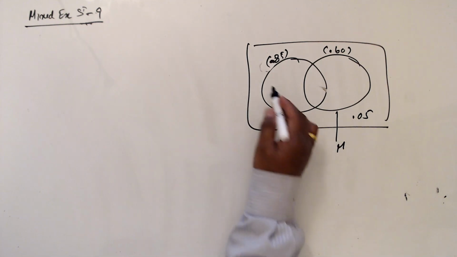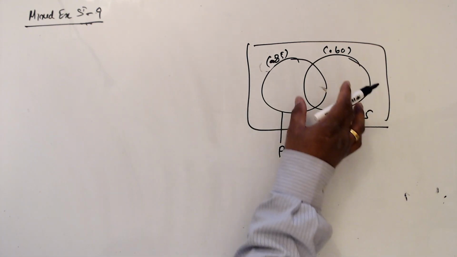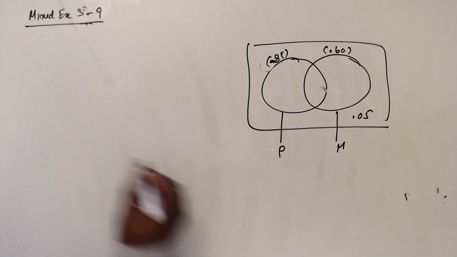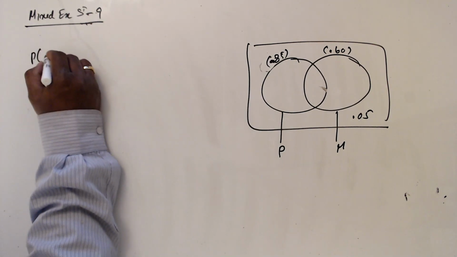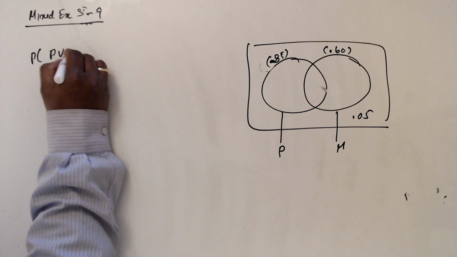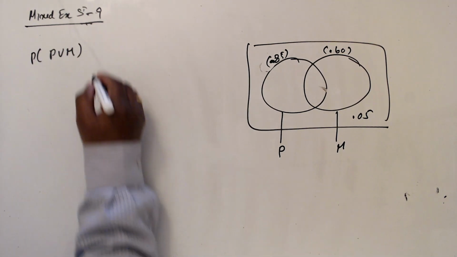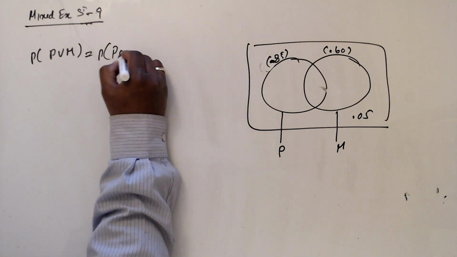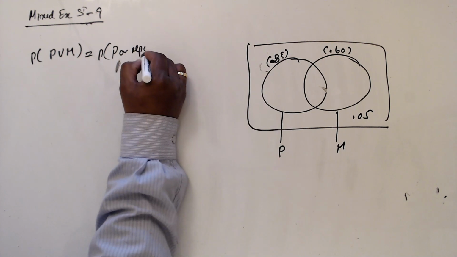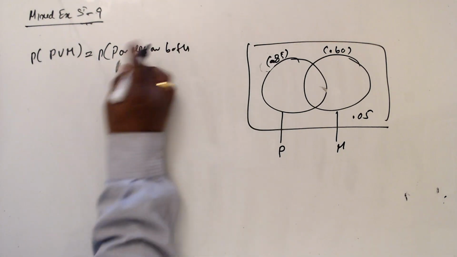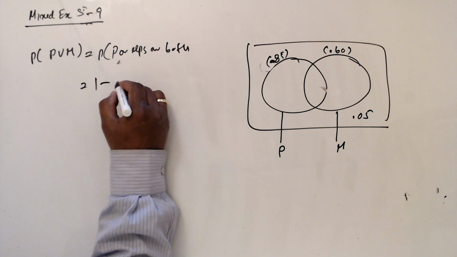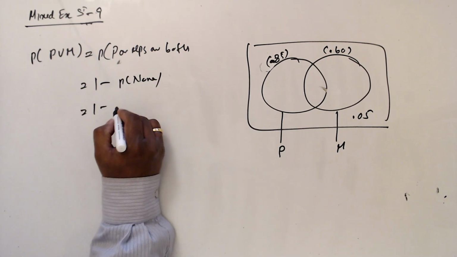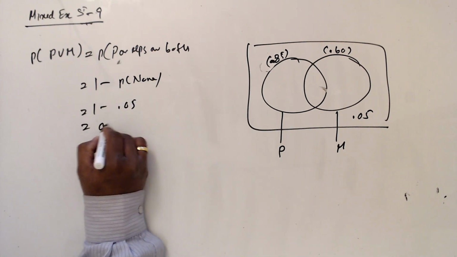So then what is the probability or percentage of P union M? That is for phone or MP3 or both, which is 1 minus probability of none. So 1 minus 0.05, 0.95.